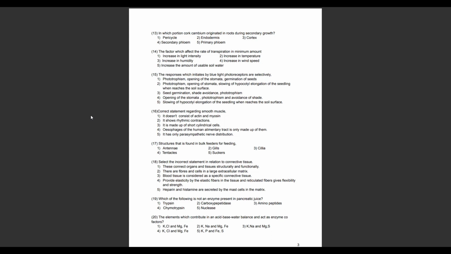Then correct statement regarding smooth muscles. Now you know there are three types of muscle tissue: smooth, cardiac and skeletal. Right, all muscle tissues contain actin and myosin, a large amount of actin and myosin in their cytoplasm. They act as the main proteins involved in muscle contraction. Now smooth muscles are spindle shaped and uninucleated. Here it doesn't consist of actin and myosin: incorrect.